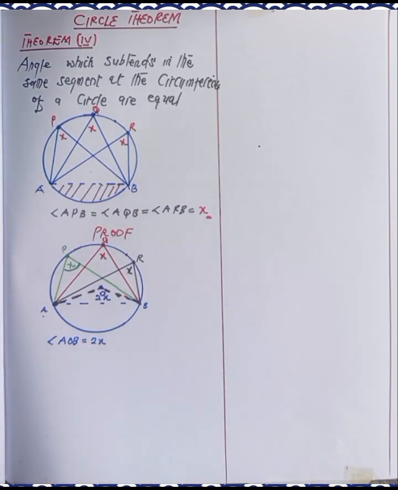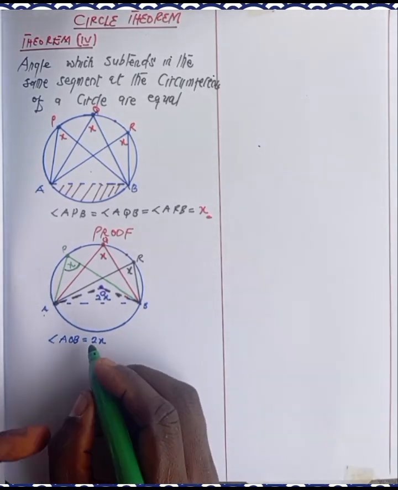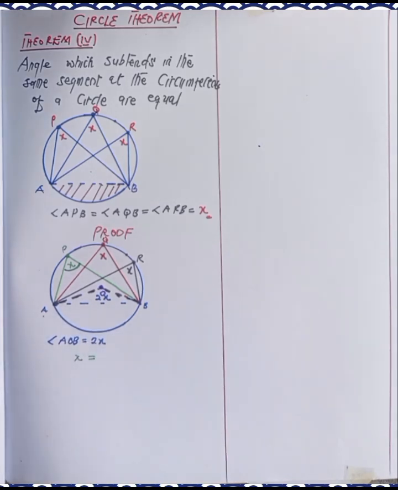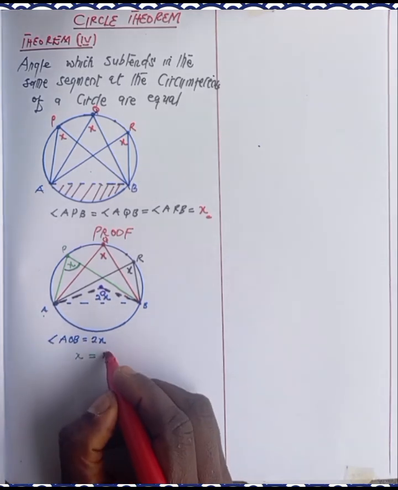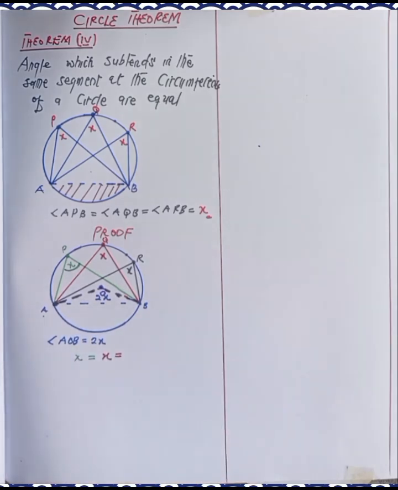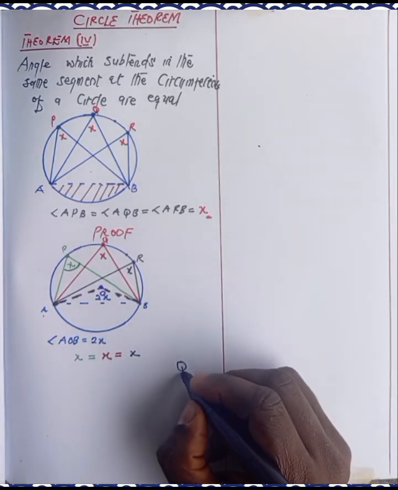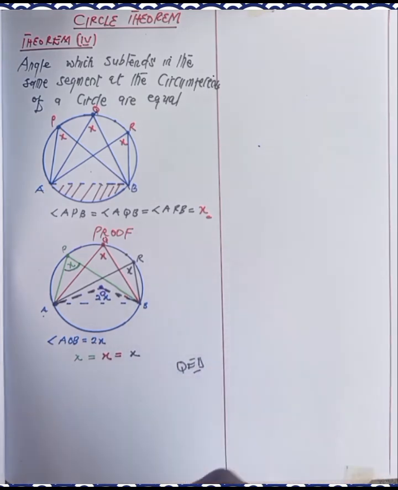So we can say that angle X is equal to angle X, which is red, is equal to angle X. So we are done. Let's try to see if we can apply this theorem in solving examples.